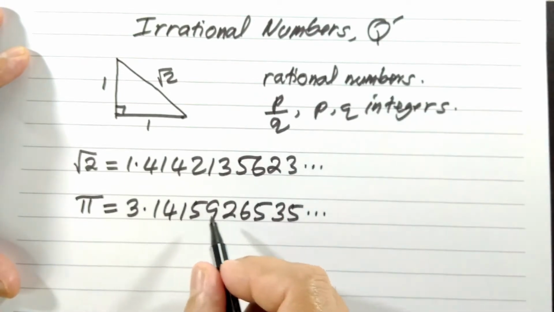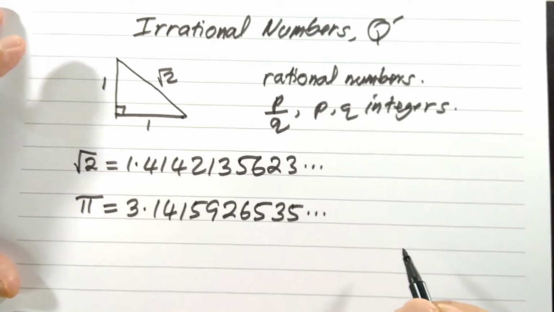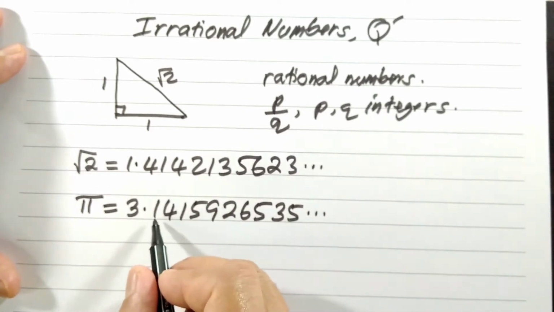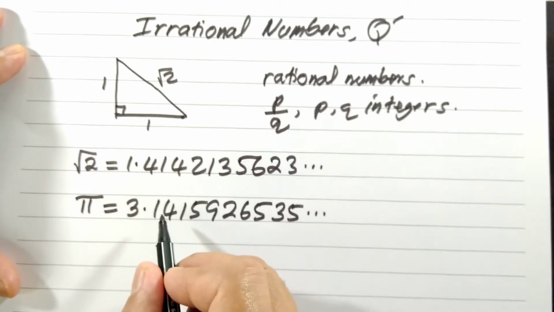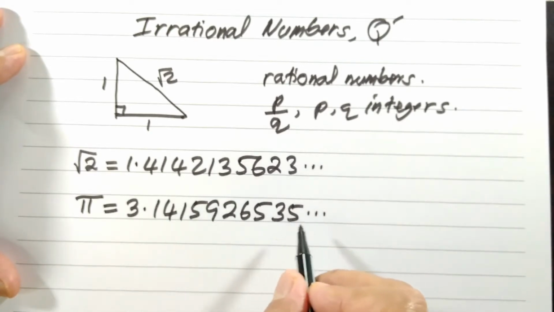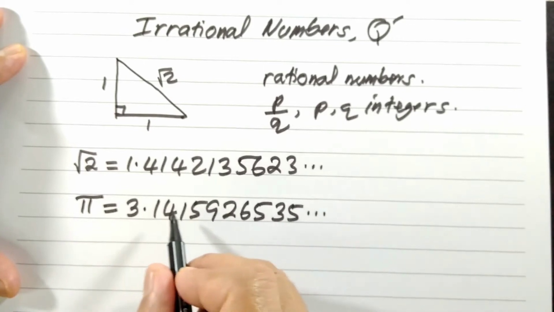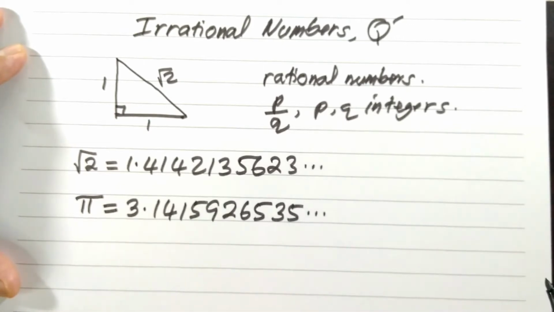The decimal continues to infinity without stop. And also, if we look at the decimal here carefully, the decimal is non-repeating and is non-terminating, continuing forever.